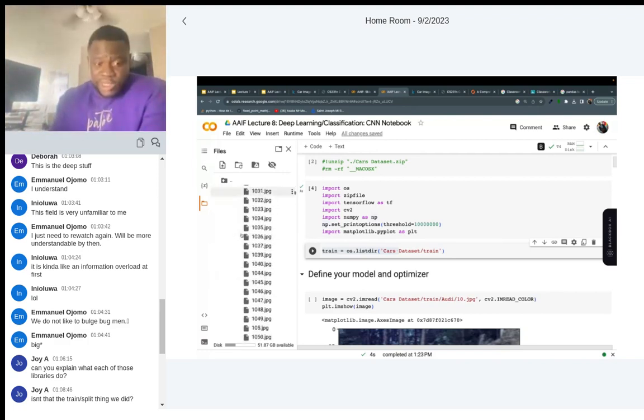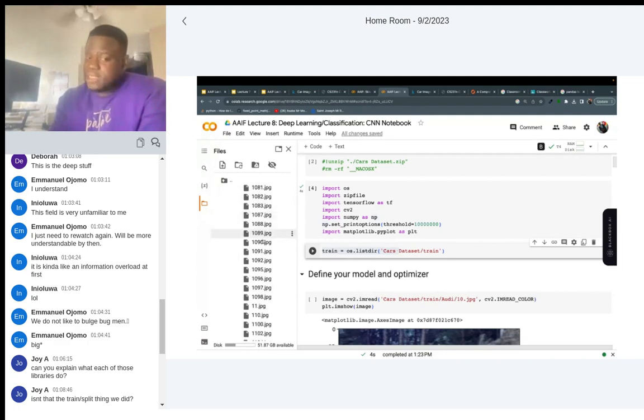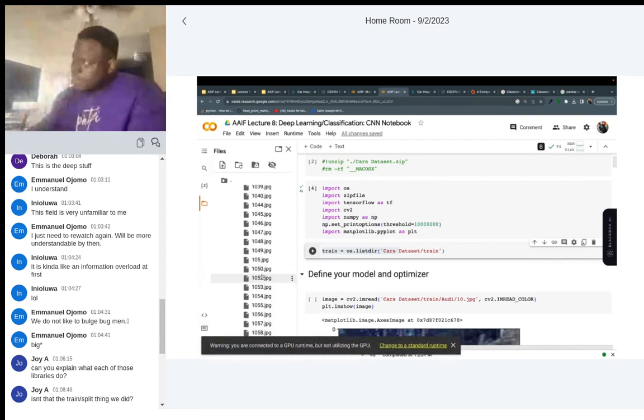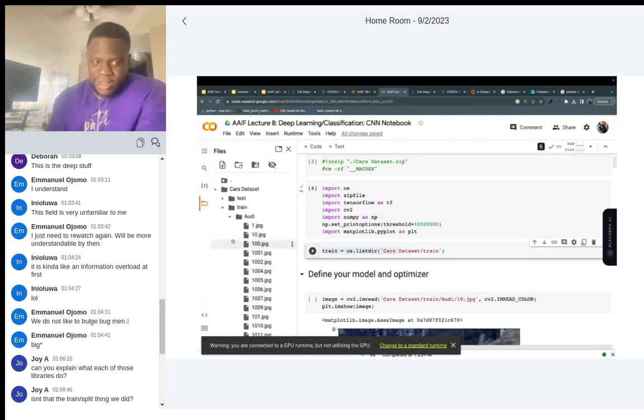Just imagine all these cars. You can see that they are named randomly. You go and put Audi in all their names so that it will identify Audi using string manipulation. If you see Audi in the name of this file, it is Audi. There was a function we wrote for that.